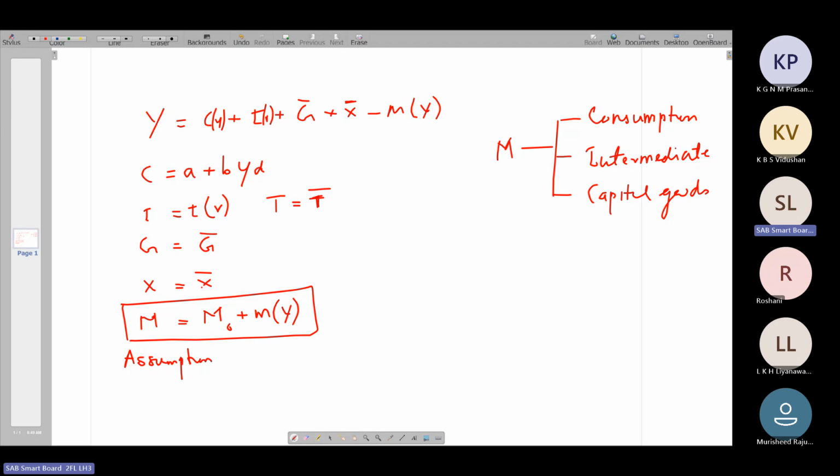These are very important: intermediate goods like petrol and fertilizer, consumption goods, most essential stuff we import from the rest of the nations, and capital goods like drugs, machinery and equipment. Consumption we can actually cut down and depend on our own products.